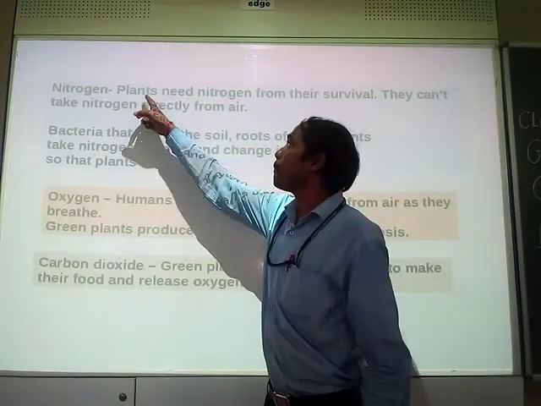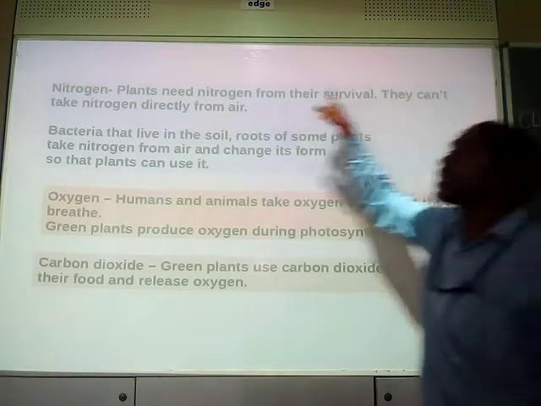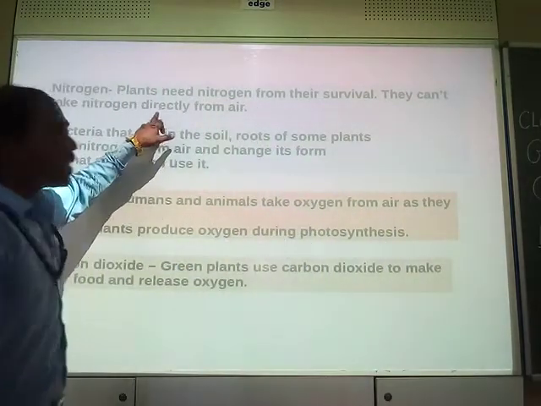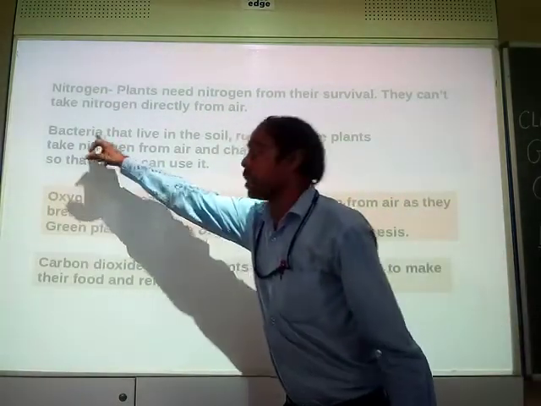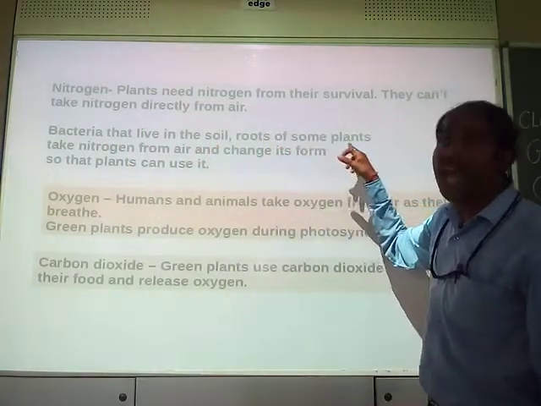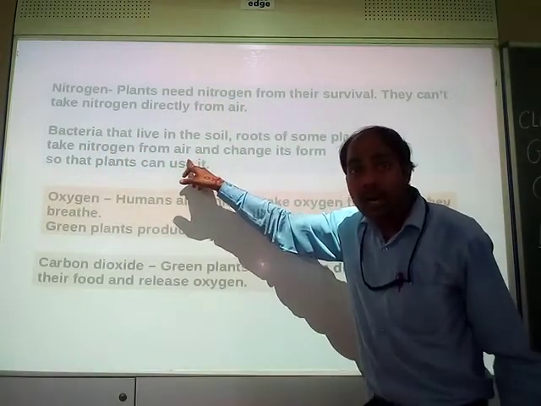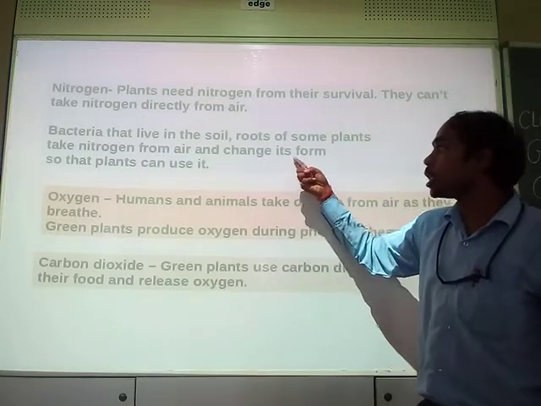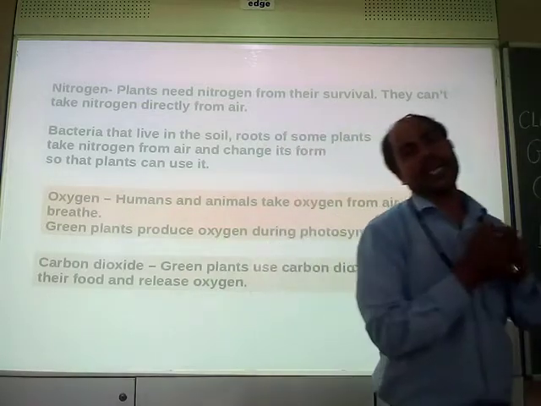So plants need nitrogen for their survival. Moreover, they can't take nitrogen directly from air. Bacteria that live in the soil or roots of some plants take the nitrogen from air and change its form so that plants can use it.